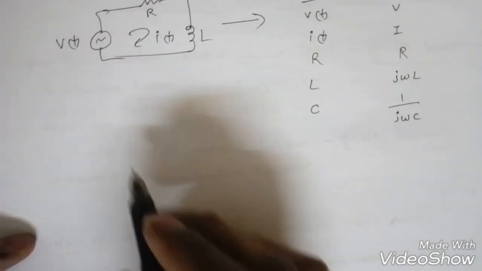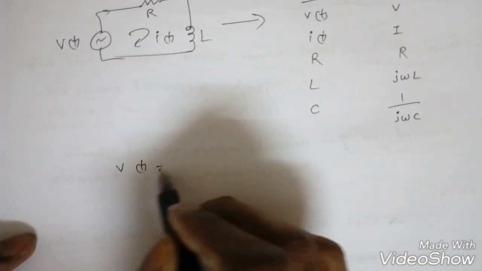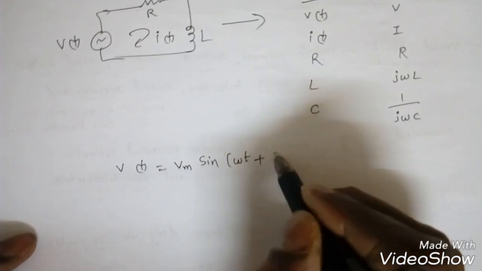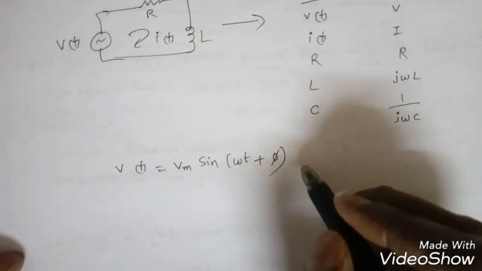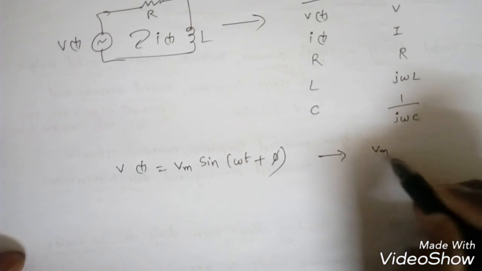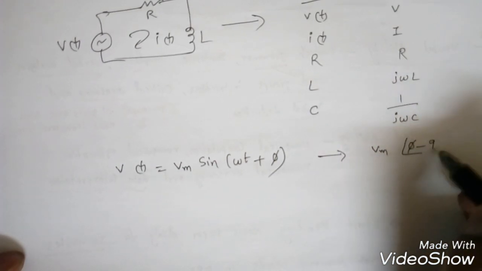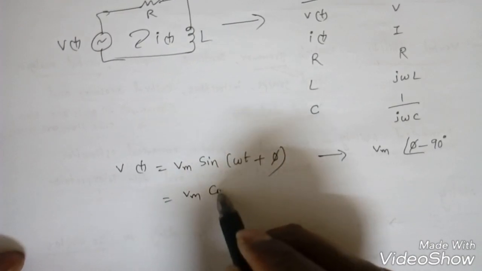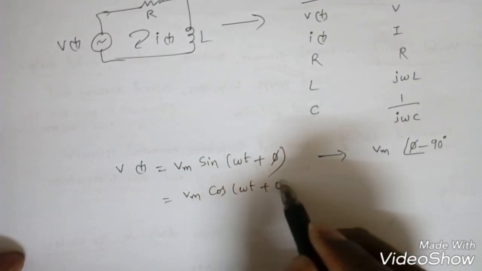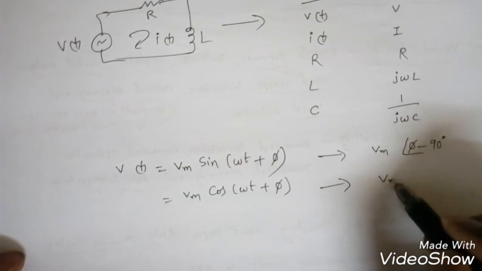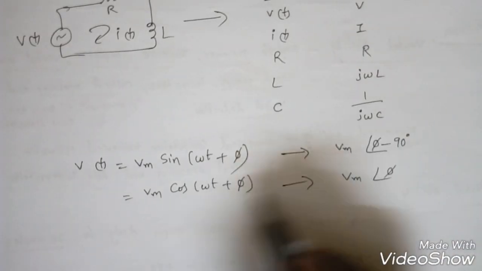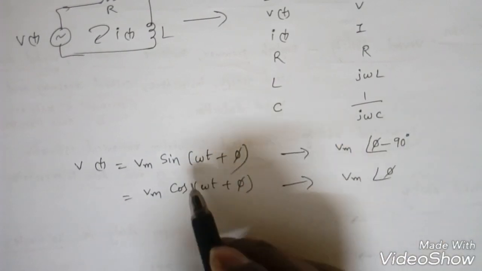One more important point: if v(t) is equal to Vm sin(omega t plus phi), in the phasor domain it becomes Vm angle phi minus 90 degrees. Similarly, if Vm cos(omega t plus phi) is given, this is replaced by Vm angle phi. Cos of 90 minus theta is sine.